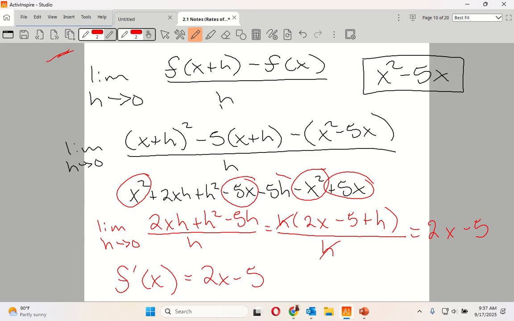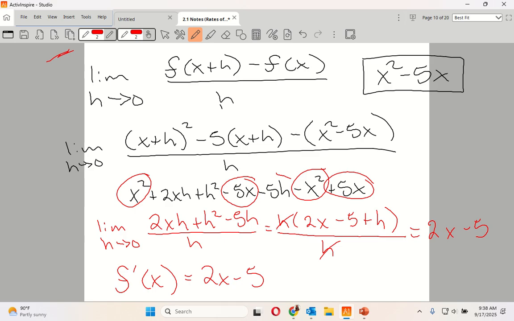Make sense? A lot of algebra, right? F prime, yes, is the derivative of f. From here we're getting to this, which is going to be the slope of the line.